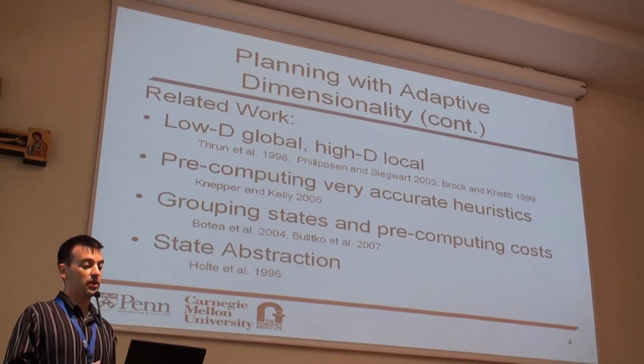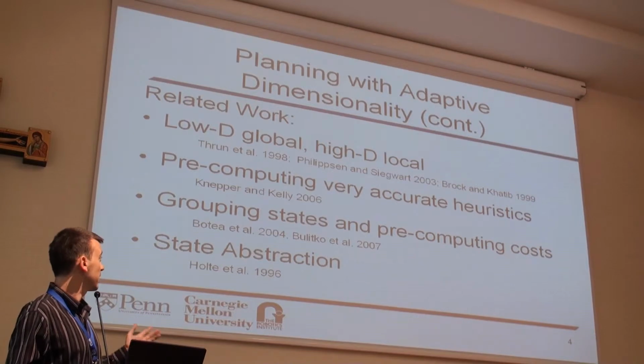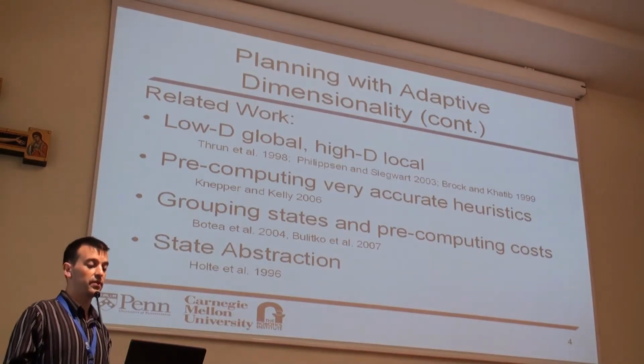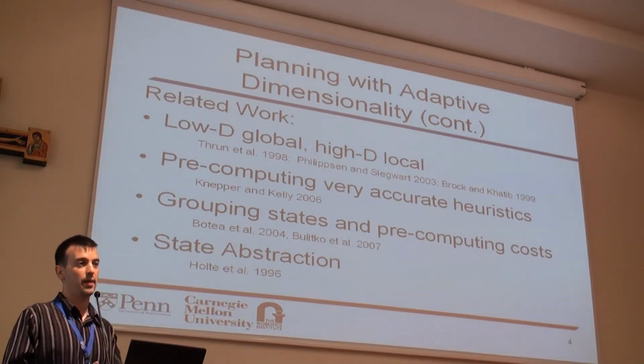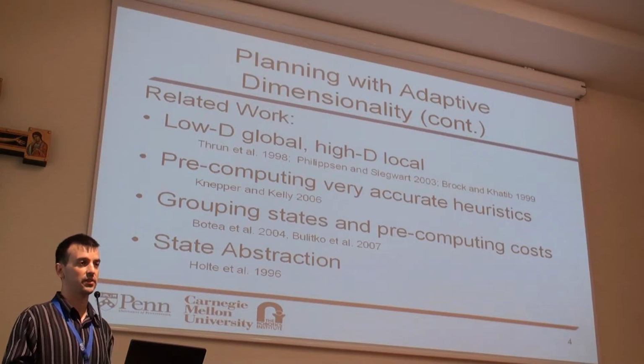There are also other ways to reduce the size of the state space by grouping states, pre-computing costs, or through state abstraction. Our approach differs from these in the way that we group states. We're grouping them by projecting them down into a suitable low dimensional space rather than combining adjacent states, for example.